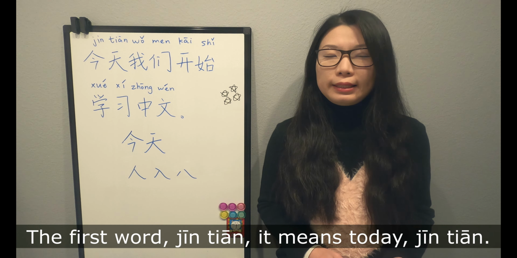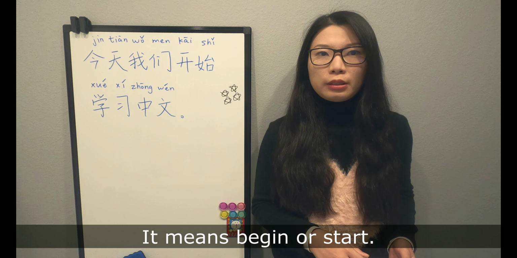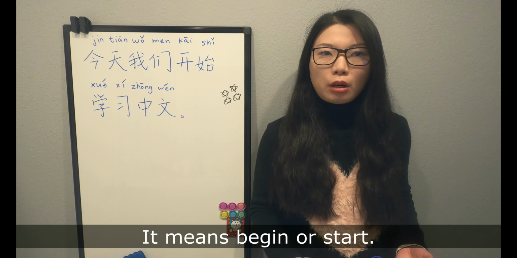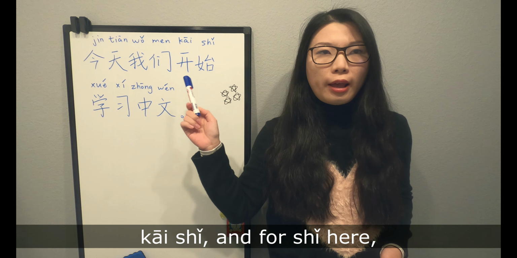The next word, 开始, it's a verb. It means begin or start. For 始 here, you need to roll your tongue when you are saying this character. I have here a screenshot from Wikipedia with this word, 秦始皇. It means the first emperor of Qin dynasty.